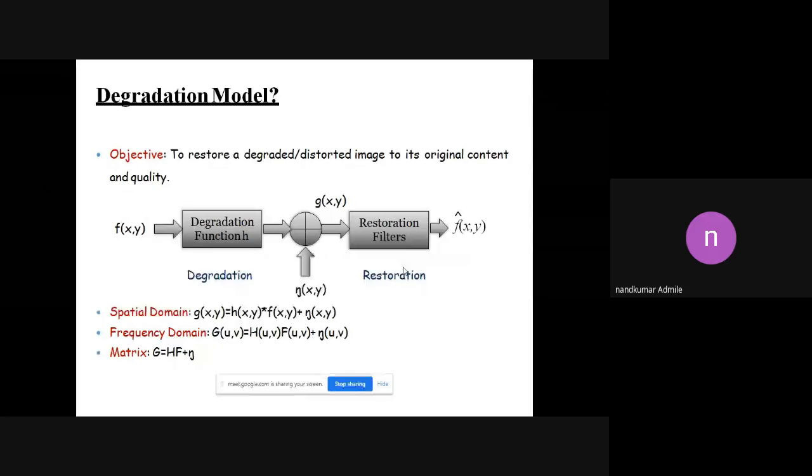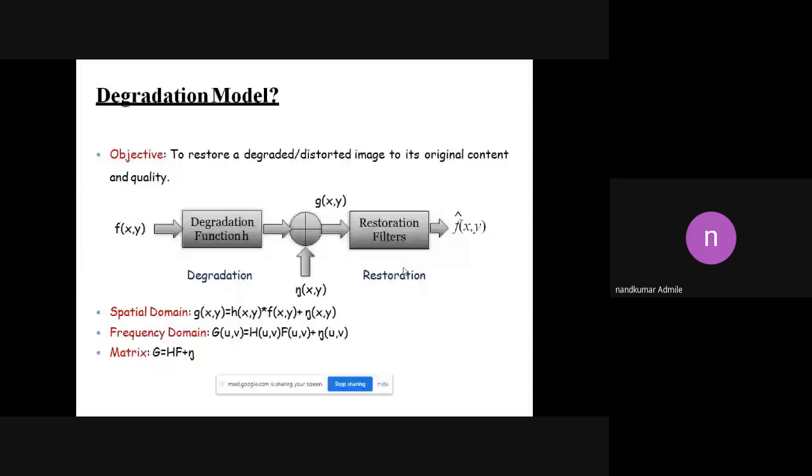Here we use two types of blocks: one is a degradation function, another is a restoration function. We need to convert the spatial domain image into the frequency domain image. So what is the need to convert the spatial domain into the frequency domain?